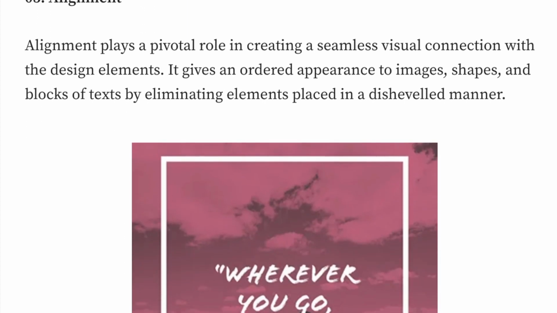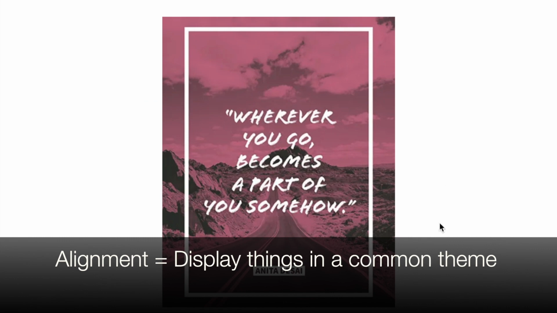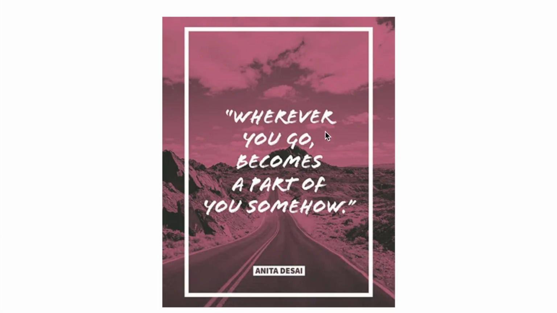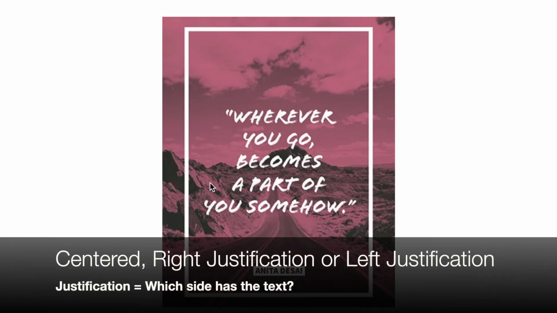Let's talk about alignment. Look at this ad. Everything is centered in the middle of the box. And this white box is centered in the middle of the photo. So most of the time you want things centered, or to the right or to the left. A way we mess this up is we put things all over the page for no real reason.